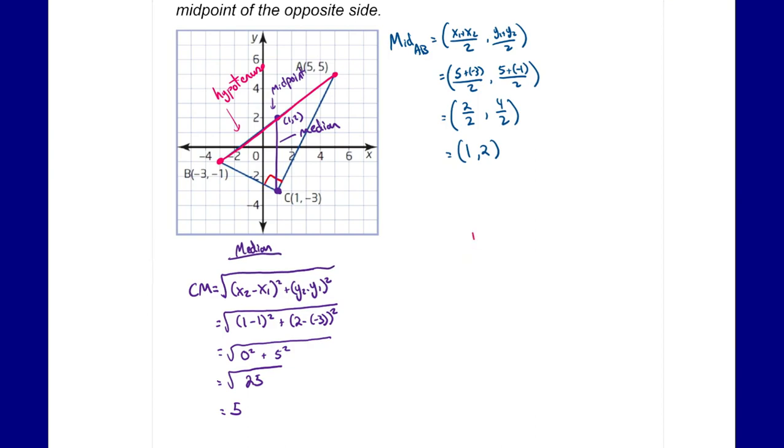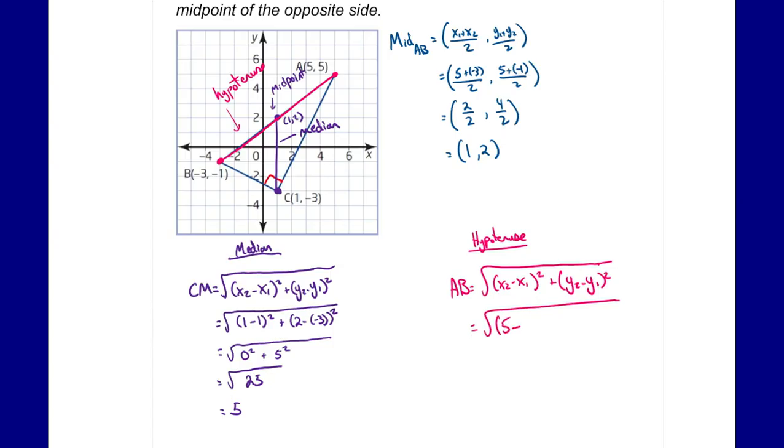Now we're going to do the hypotenuse, which is AB. So the length of AB, exact same formula, x2 minus x1 squared plus y2 minus y1 squared. x2 we can say is 5. So 5 minus negative 3 squared plus 5 minus negative 1 squared.